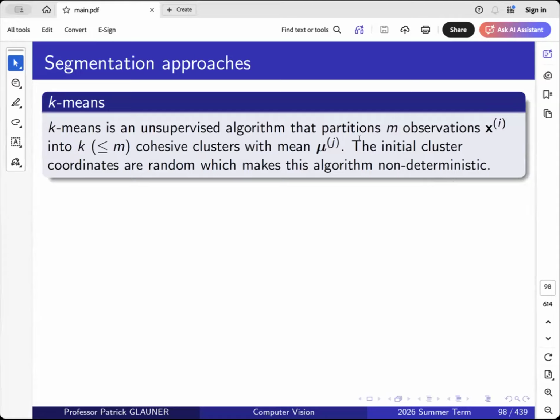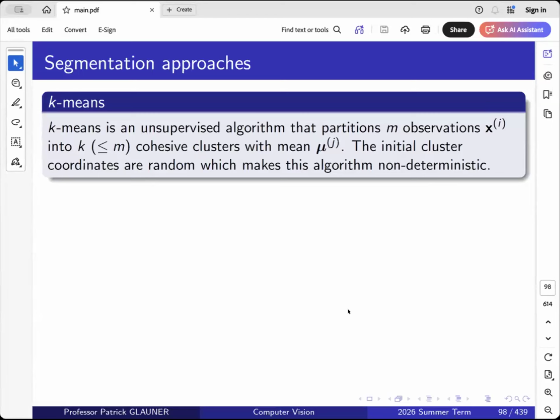When I run the algorithm, I need to put the centers of the clusters somewhere. And that's why this is often done randomly. So this algorithm is non-deterministic. So if I run it again, I may get a different result simply because I put the cluster centroids somewhere in the data set initially.